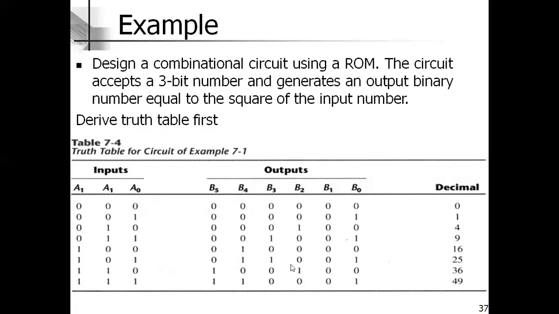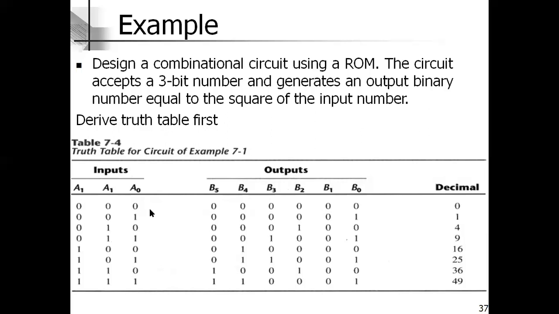Hello, how will we get the outputs here? The circuit accepts a 3-bit input number, A0, A1, A2, and generates an output number. What will it generate? The output number equal to the square of the binary input number.